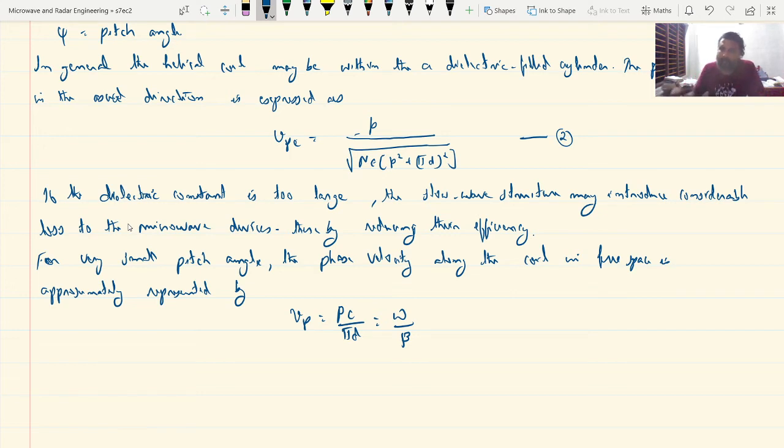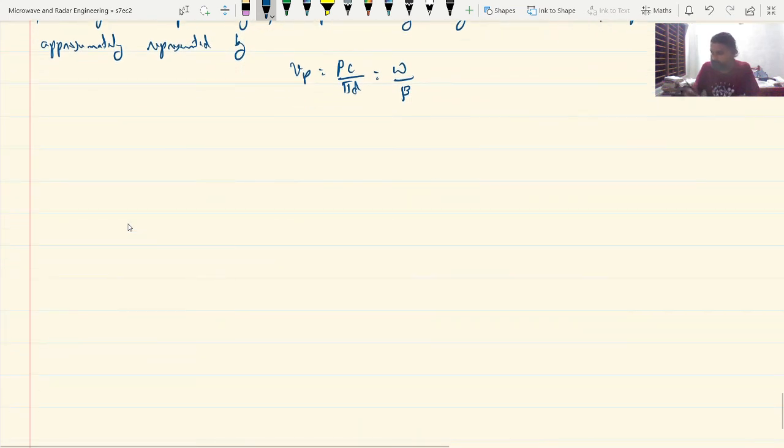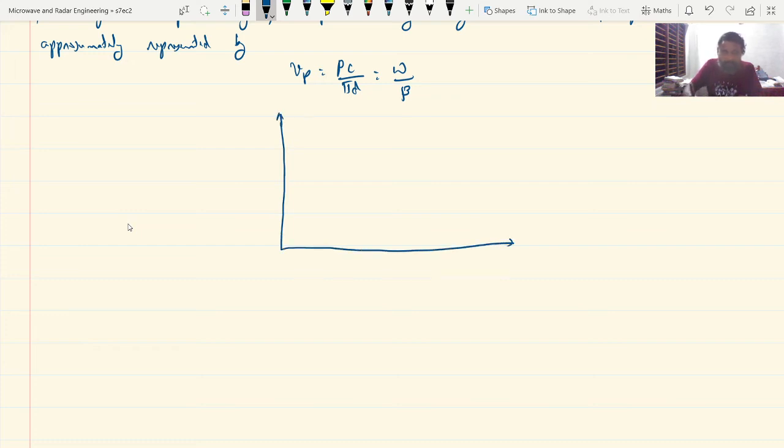Further, we can calculate the group velocity of the wave also.